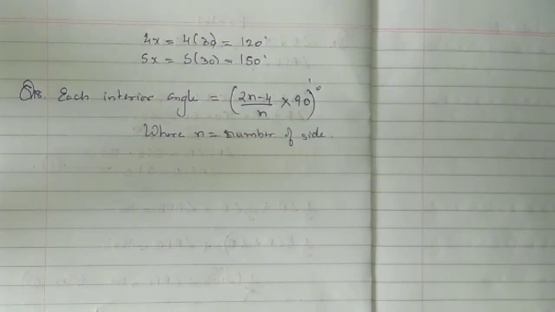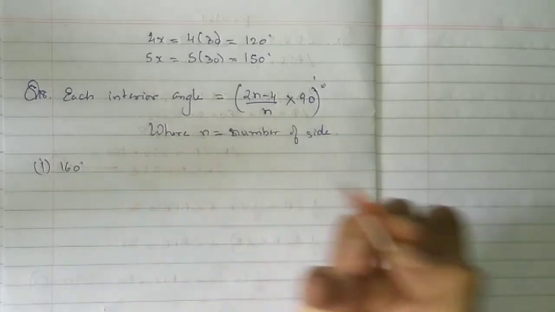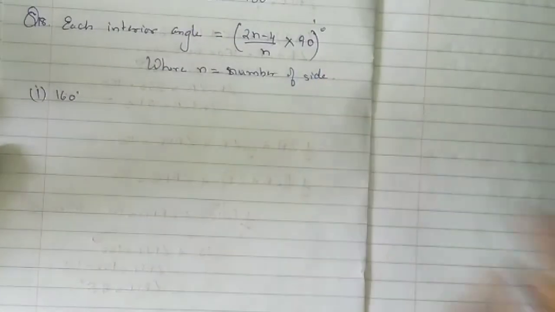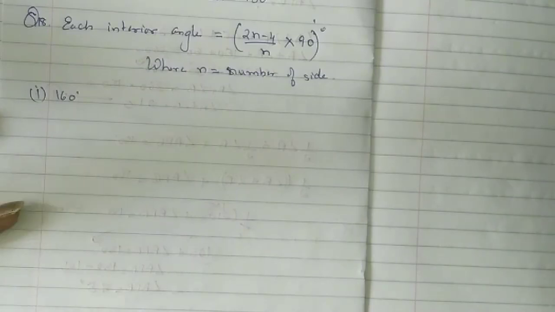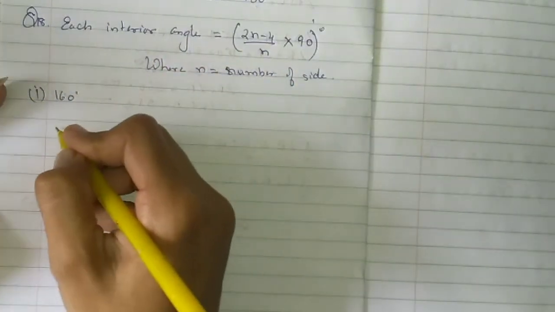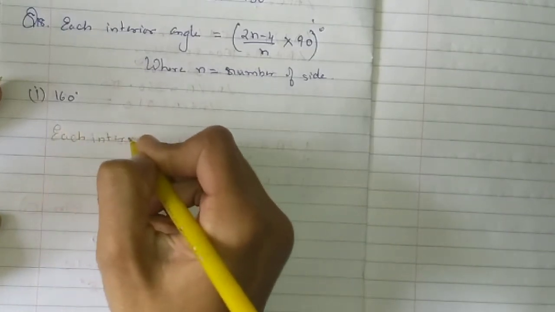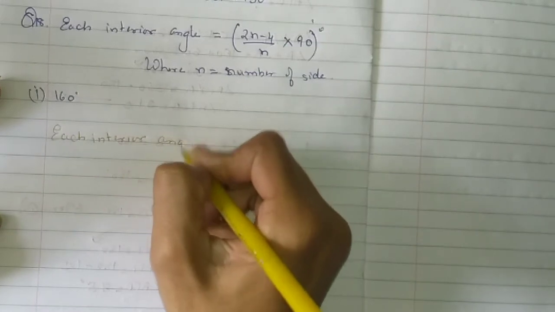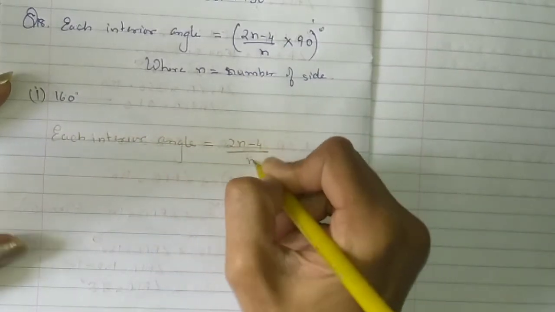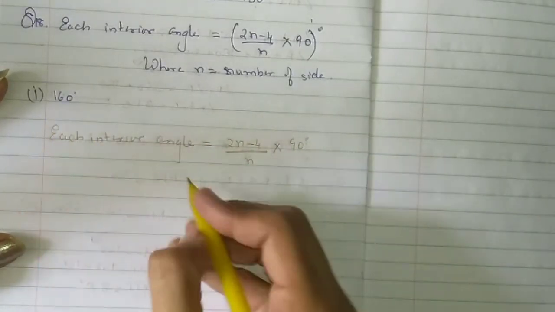Now for the first one, your question is 160. This formula we have to use. Here the angle is given. So first of all we write each interior angle equal to (2n minus 4) upon n into 90 degrees.